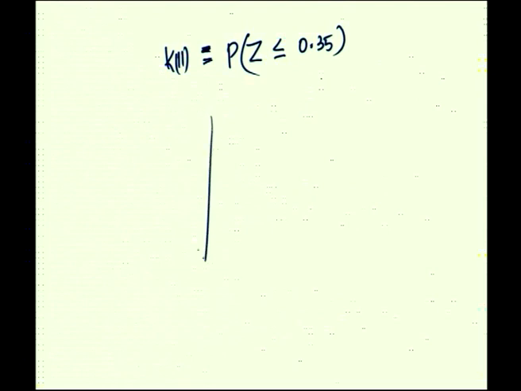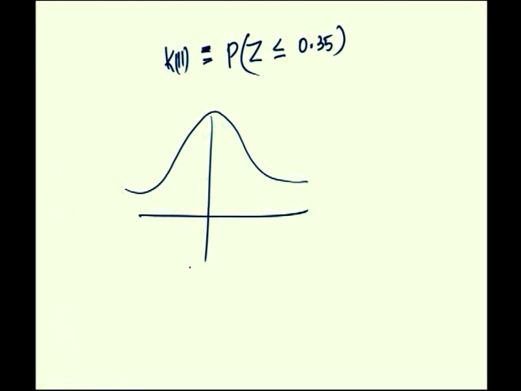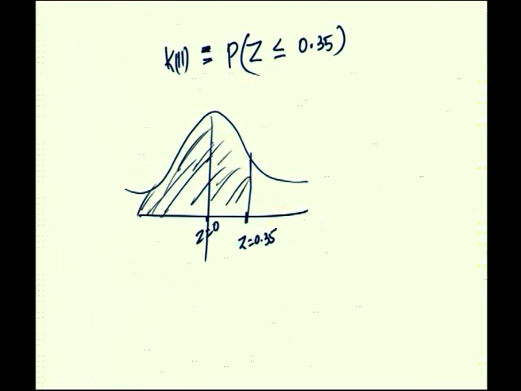Just draw the diagram. Where does P of z less than or equal to 0.35 come? This is z equal to 0.35. Plot it on the diagram of the standard normal distribution curve, z equal to 0, then shade the whole area. The standard normal distribution table given here will give you the value from 0 to 0.35. Therefore, this area is already 0.5. Just see this area from the tables.